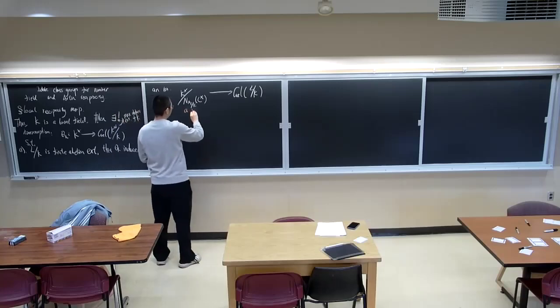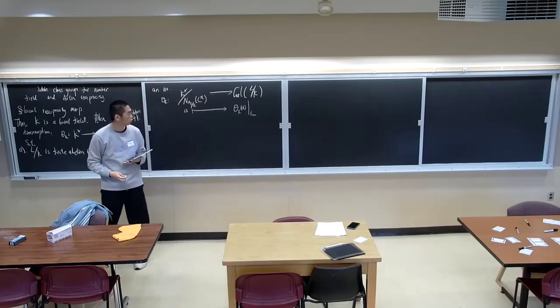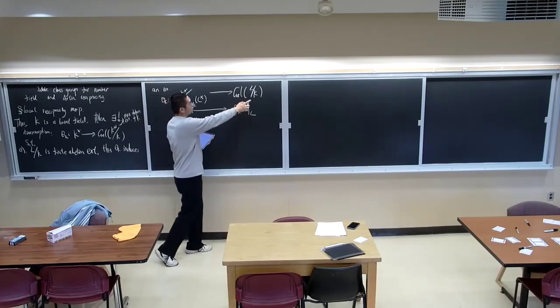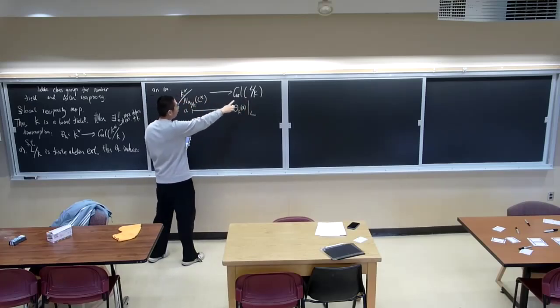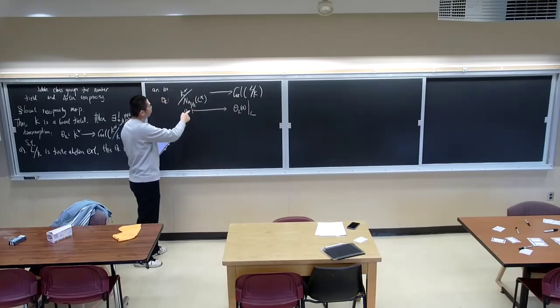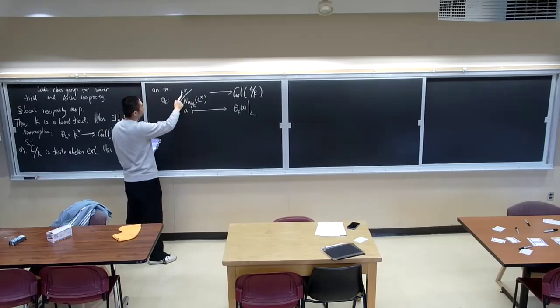The map is a goes to theta_K(a), and then we restrict it to the field L. So this tells you that for any abelian extension of the local field, we have a description using only the information about K cross.